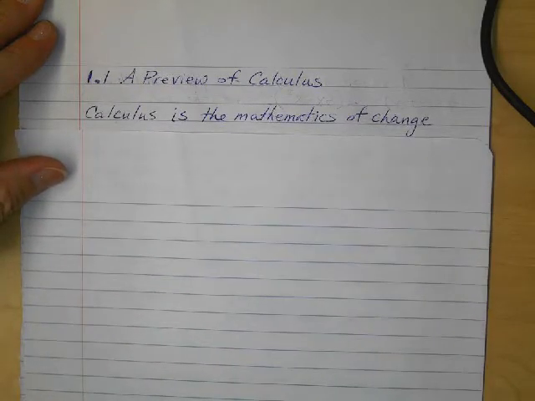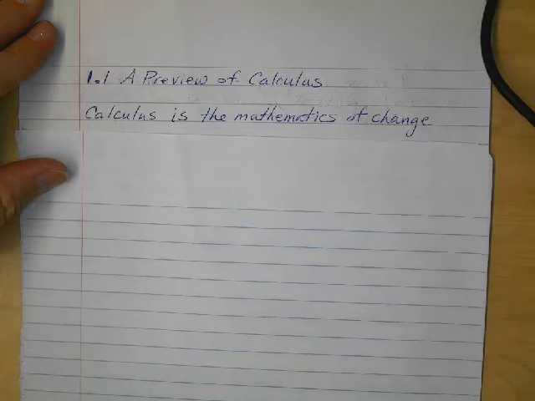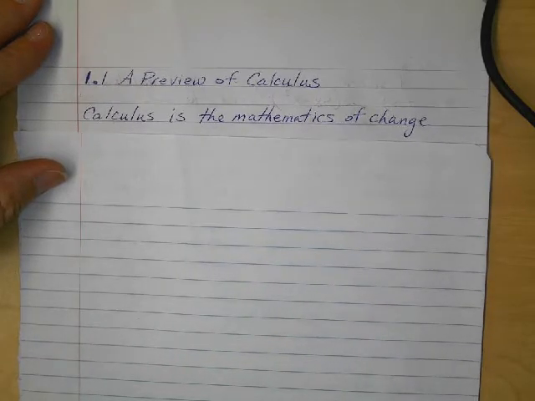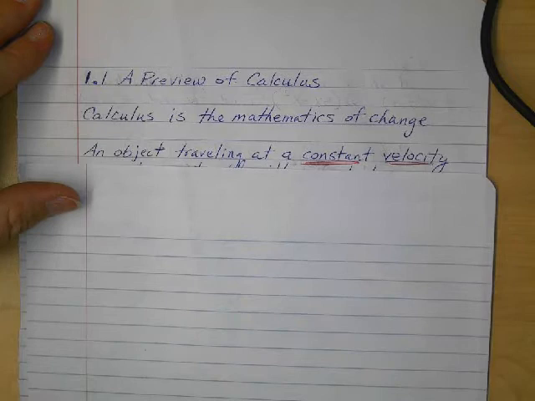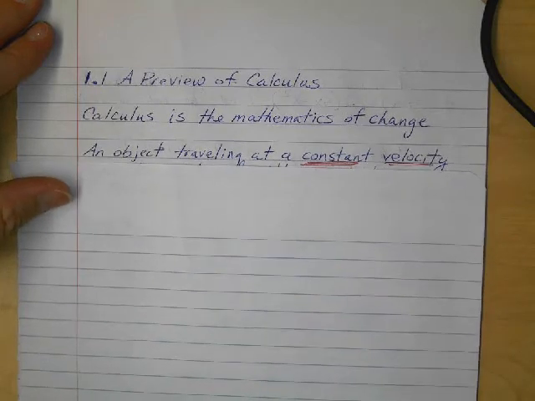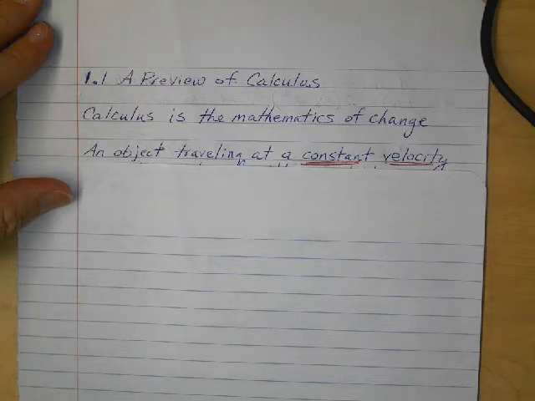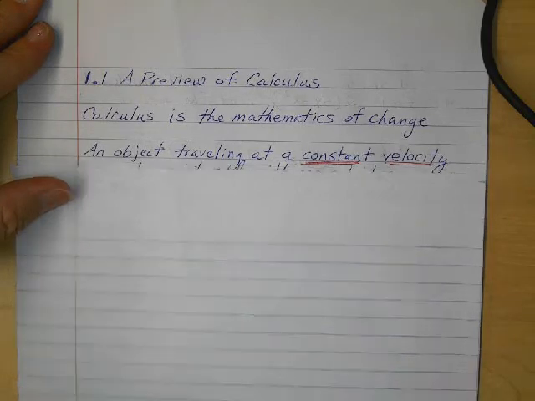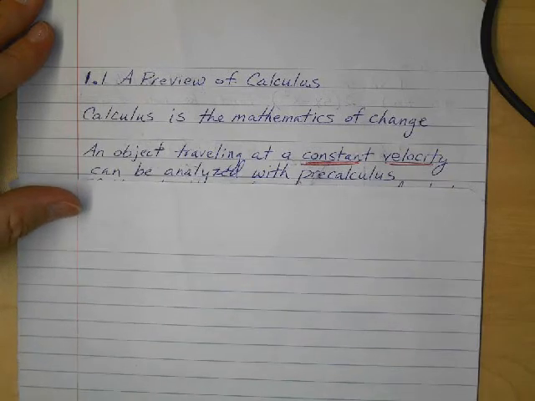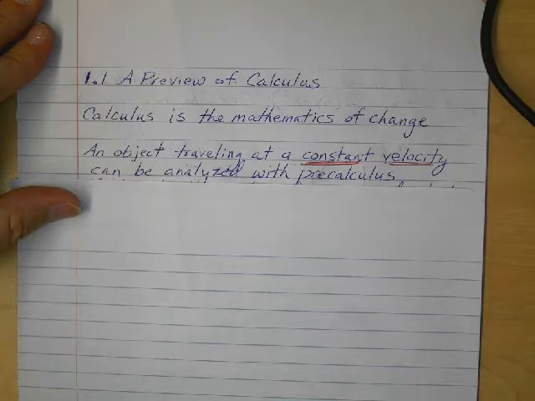So the PowerPoint talks about calculus as being the mathematics of change. Okay, so we want to get an idea that if you have an object traveling at a constant velocity, you can analyze that kind of problem with pre-calculus.